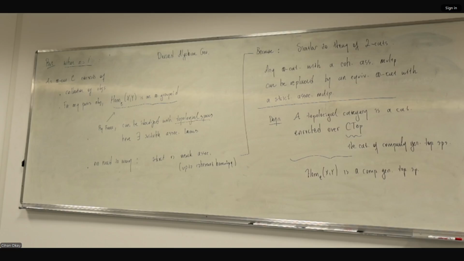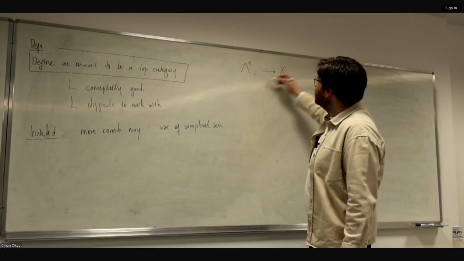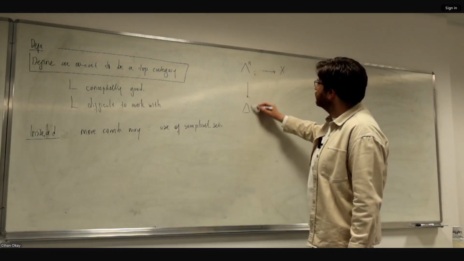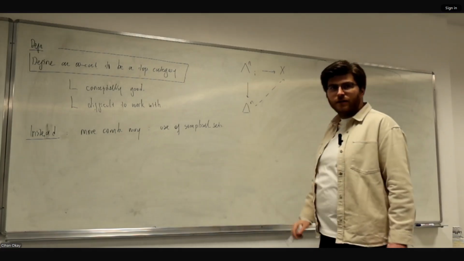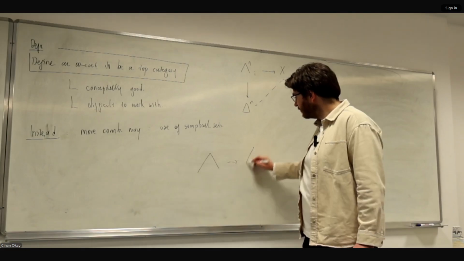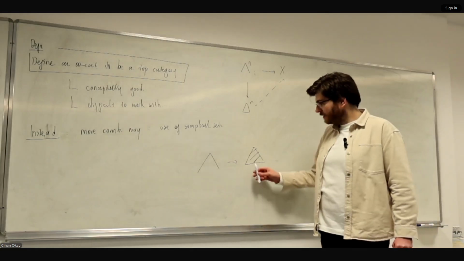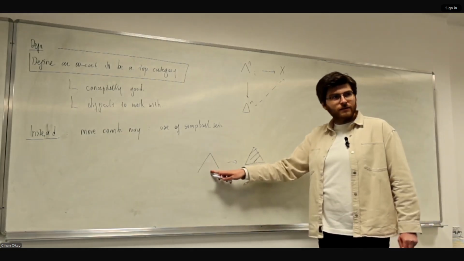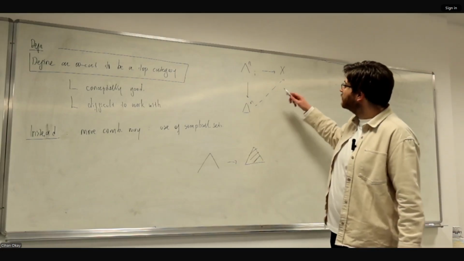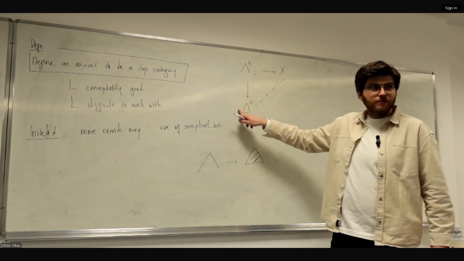Essentially, if you are familiar with these things, a short spoiler, you want to extend all possible horns, right? To the maps like that. So it's like you want to fill the diagrams like this to that form. But not necessarily uniquely. Sometimes there is a unique way of extending this map from the horn to the n-simplex.